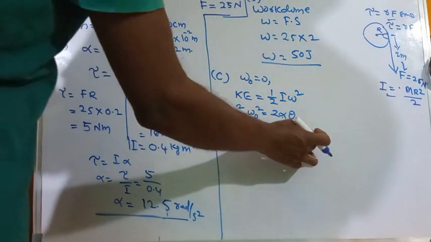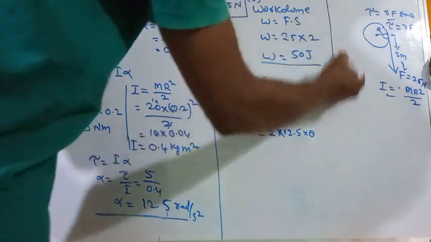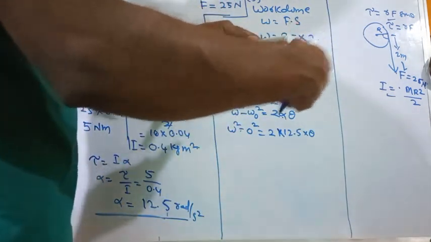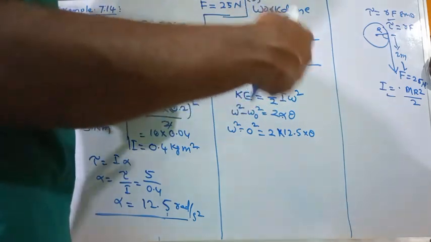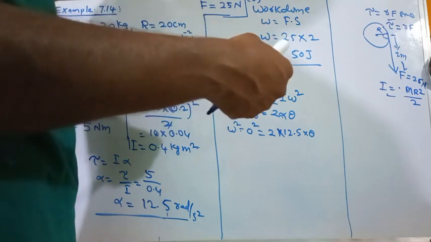Here theta means angular displacement. What is the angular displacement here? Suppose after winding the total thread on this, it is some number of rotations.